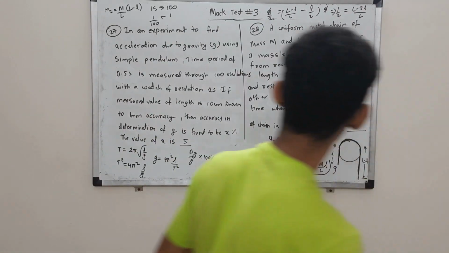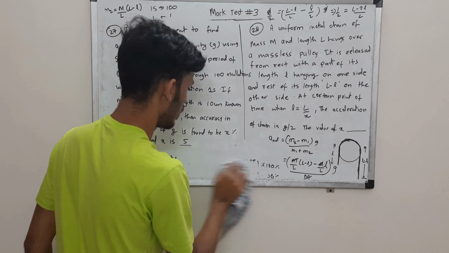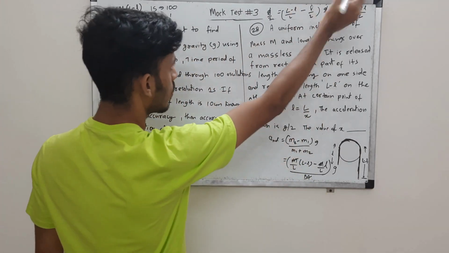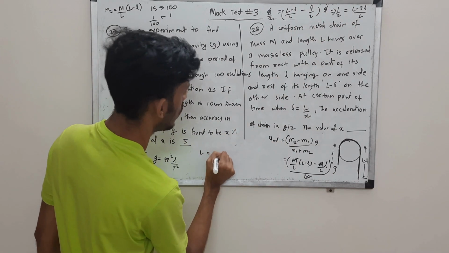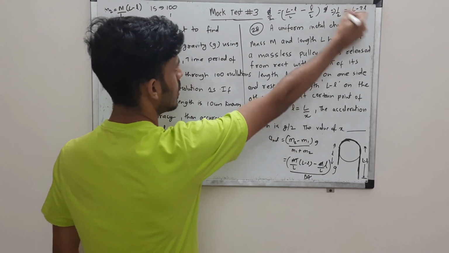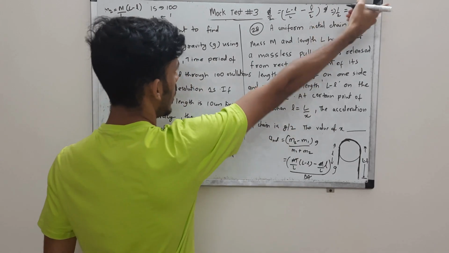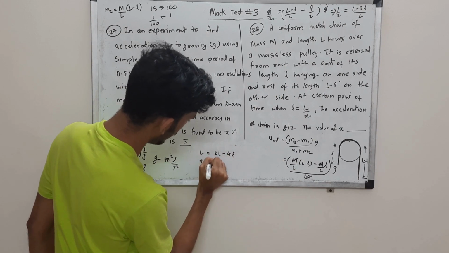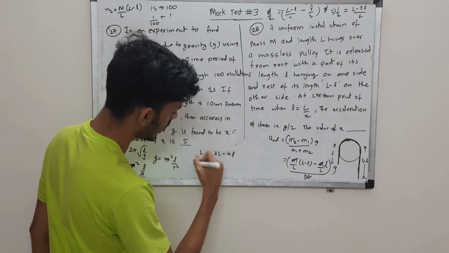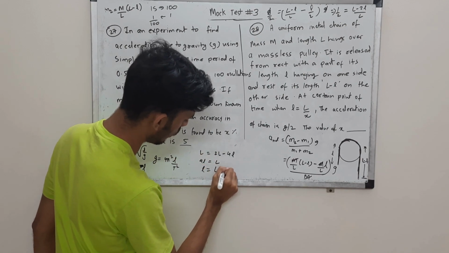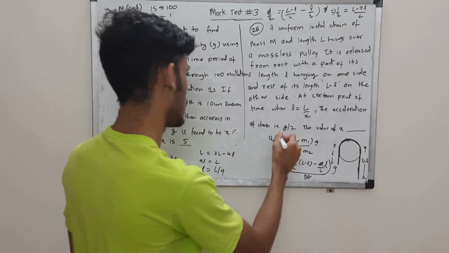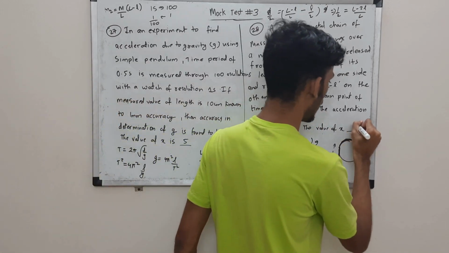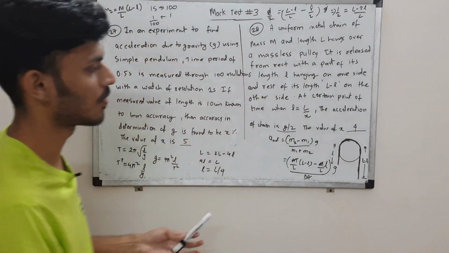It's pretty evident that l will be 1/4 of capital L. You can cross multiply, so L will be 2L minus 4l. Take this to the other side and that to this side, so 4l will be equal to L, and l will be L by 4. So when the acceleration is g by 2, the length is L by 4. So the value of x over here, if you compare, is 4.